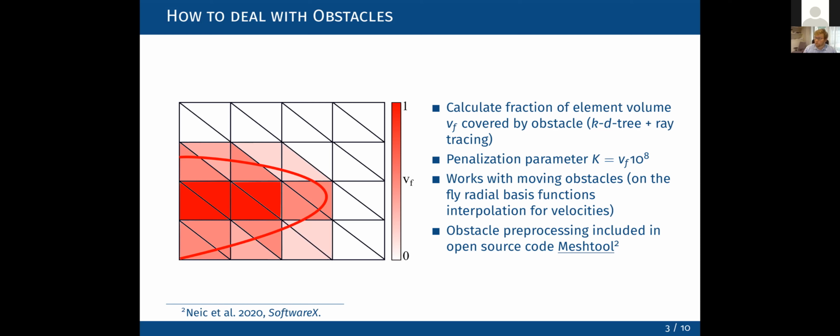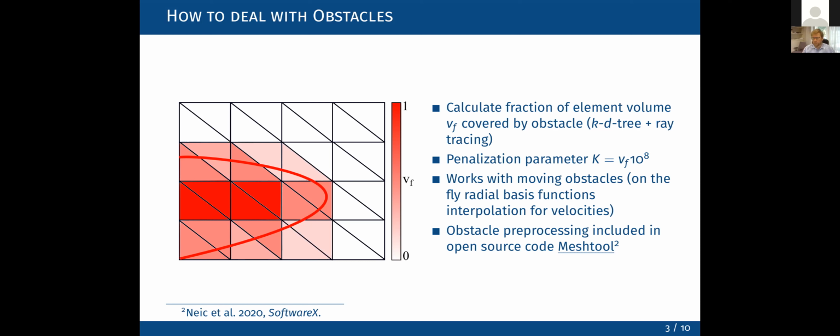In case of moving objects, we also have the capability to interpolate the velocity of the obstacle onto our computational domain. In the beginning, I showed you this picture of this blood pump. If you think about immersing this into your software, and this is a rotating object, at some point, if you would use an ALE formulation, you would need to think about remeshing because your topology would change at some point.